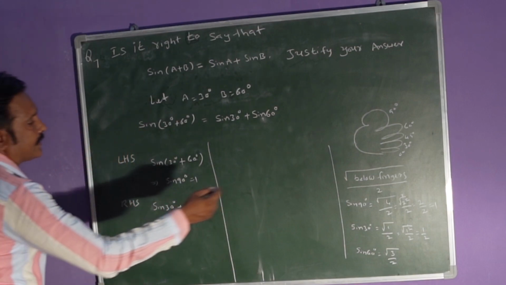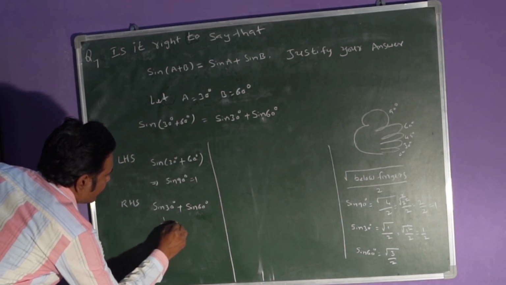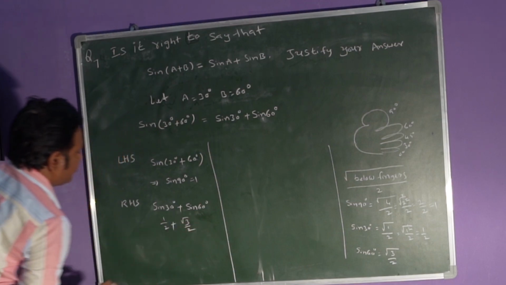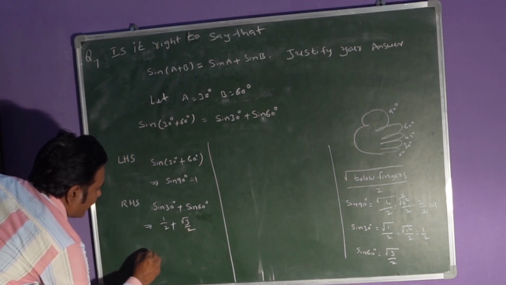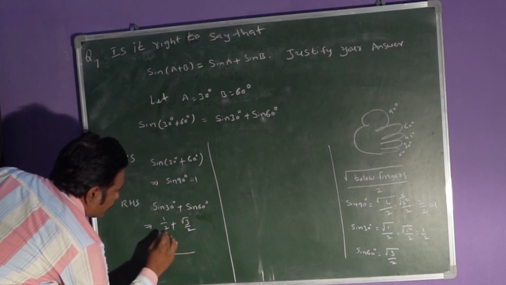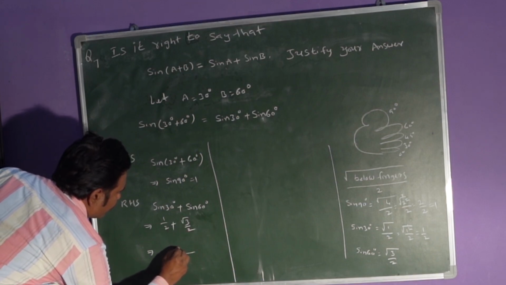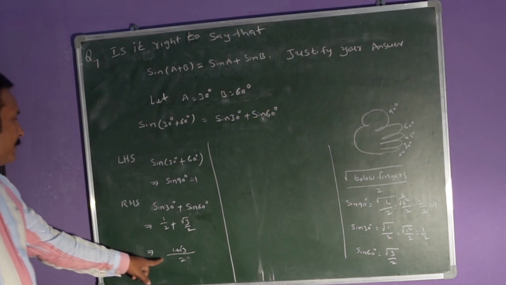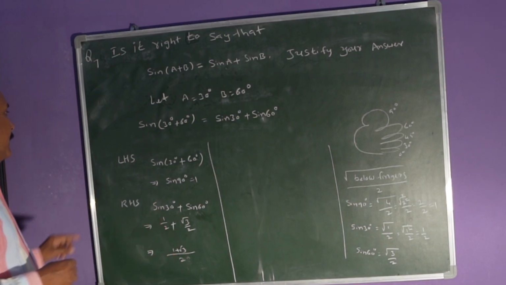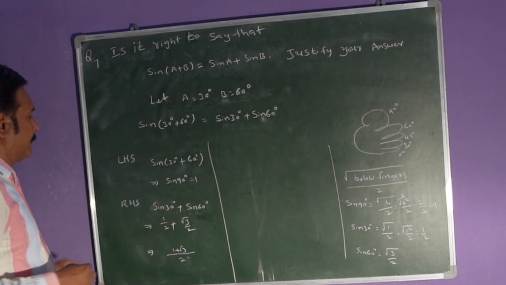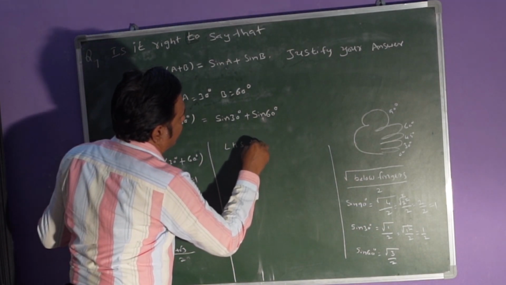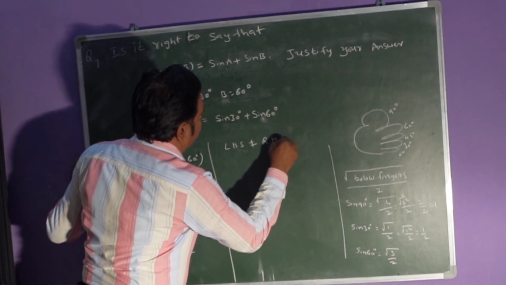Sin 30 degrees is equal to 1 by 2 plus sin 60 degrees is equal to root 3 by 2. Then this implies the LCM is 2, 1 plus root 3. RHS is equal to 1 plus root 3 by 2. LHS is equal to 1. LHS is not equal to RHS.